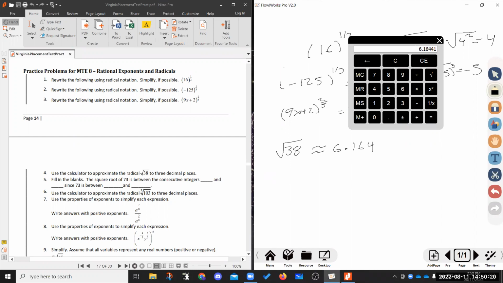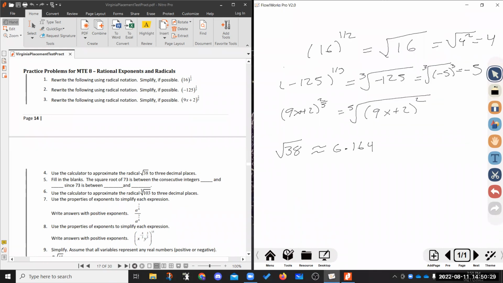Now we're going to approximate a square root without the use of a calculator. I like this because it makes you have to know your perfect squares. The square root of 73 is going to be somewhere between what two integers? It's between the square root of 64 and the square root of 81, my closest perfect squares.